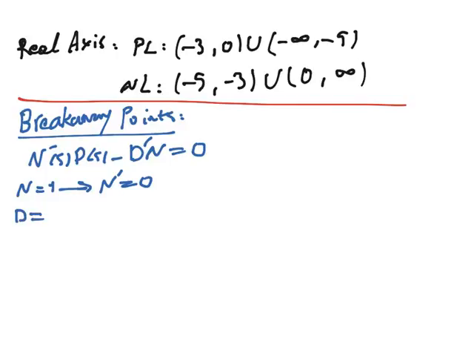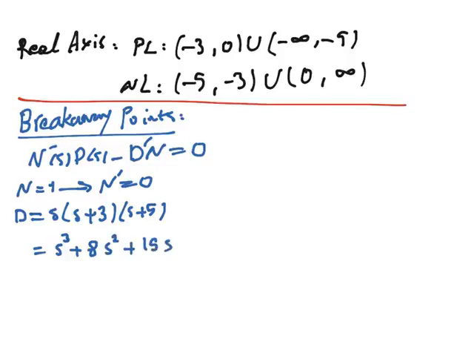On the other hand, d is equal to s times (s plus 3) times (s plus 5). If we simplify it, we will have s times (s2 plus 8s plus 15), so s3 plus 8s2 plus 15s, and accordingly d prime is equal to 3s2 plus 16s plus 15.